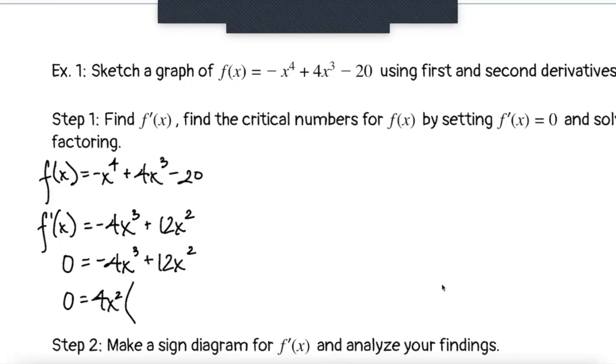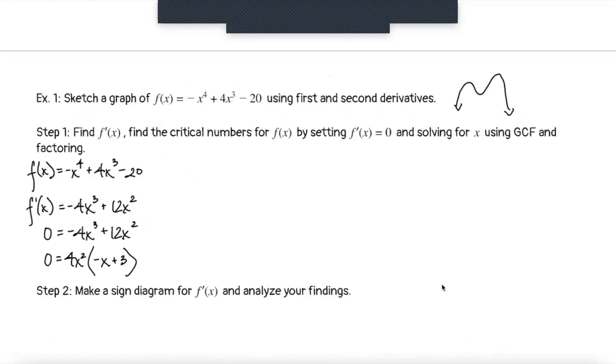Greatest common factor means we want to find as much stuff as possible that we can factor out. And we're left with negative x plus 3. We go ahead and we solve. We're going to get x equals 0 and x equals 3.